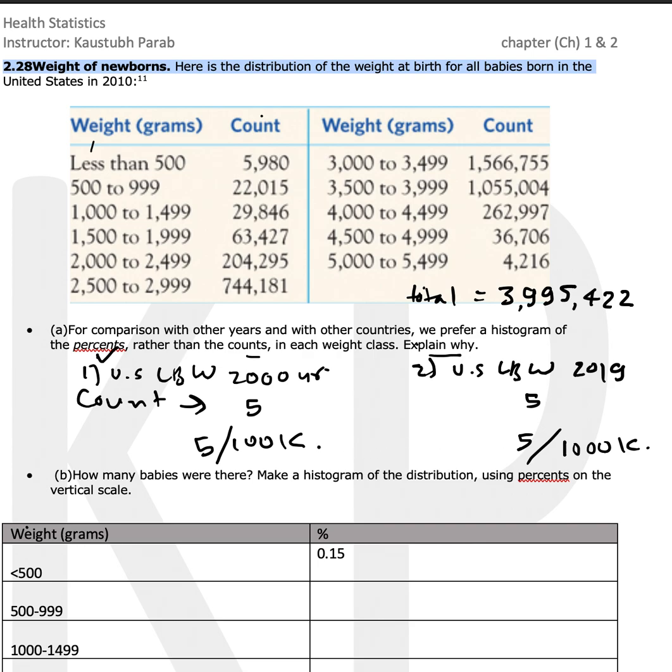So percentage wise, this is greater than this. Whereas if we look at just the counts, we might feel that these are similar or exactly the same. So that's why for comparison we always use some standardized form, which in this case is percentage.